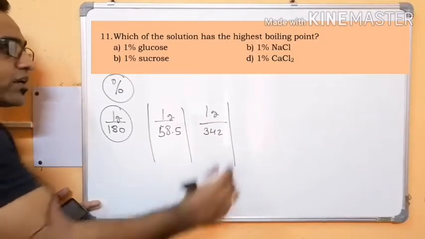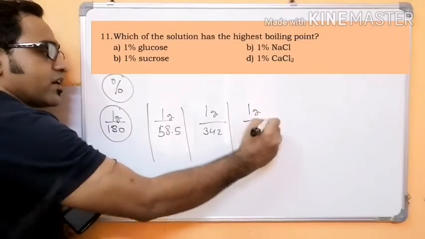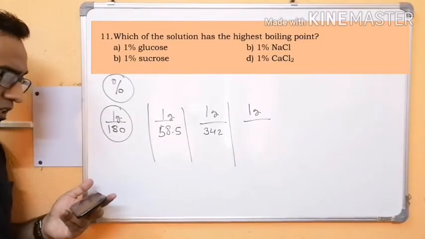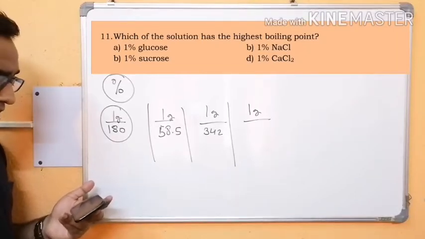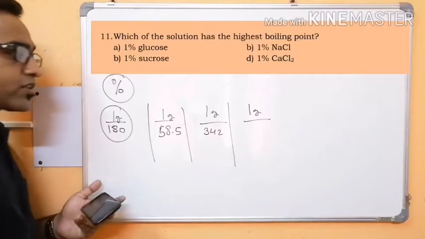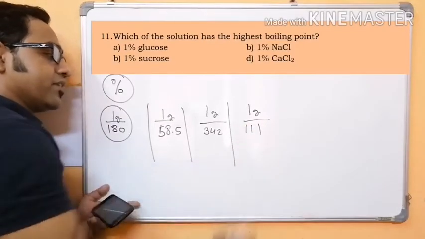Calcium chloride, 1% means 1 gram divided by the mass of calcium chloride: calcium is 40, chlorine is 35.5, so it is 71 plus 40, so 111.